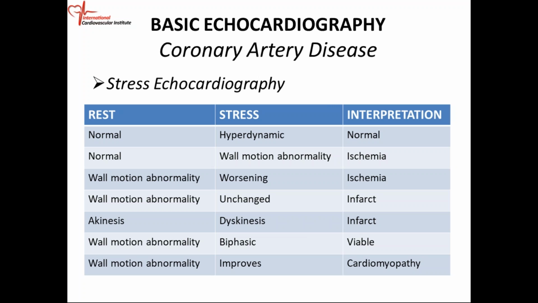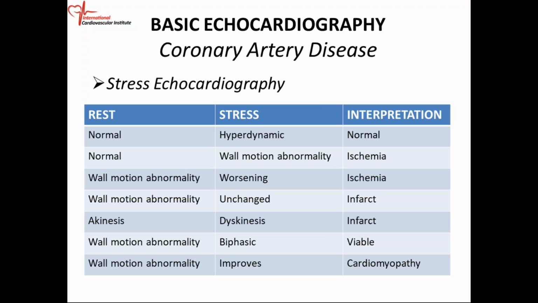So a biphasic response is you have abnormality at rest. Say you look at a particular segment, and the segment is say hypokinetic. With your low dose dobutamine, that segment now looks normal because it's getting increased blood flow, and it starts to contract normally.